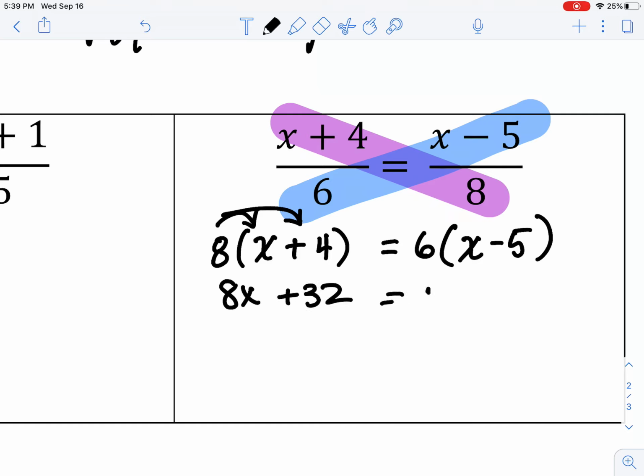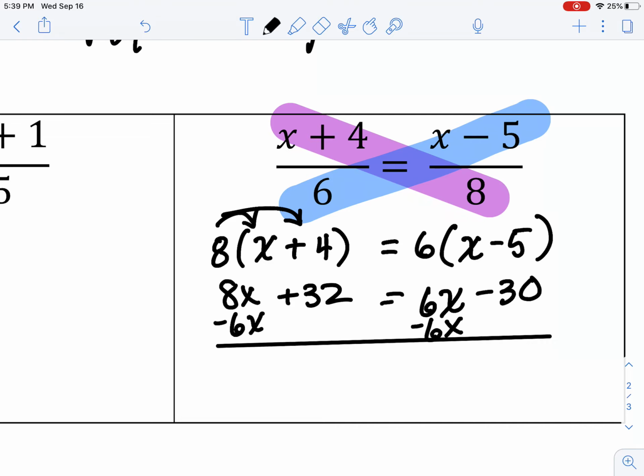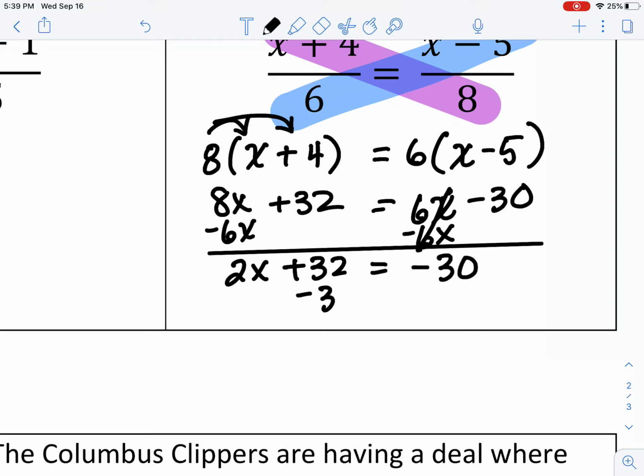Then we want to get our variables on one side, so subtract 6x from both sides. And we would get 2x plus 32 equals, and then this is 0, 0 minus 30, negative 30. Then we would want to get our numbers on the other side, so subtract 32 from both sides.